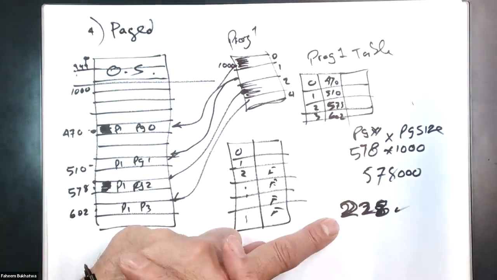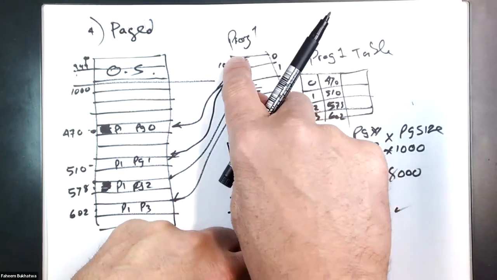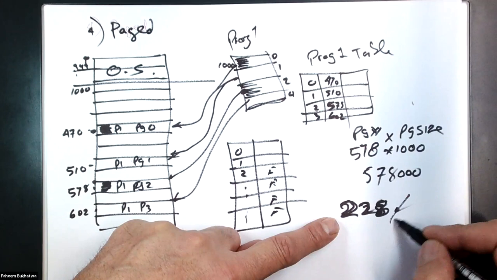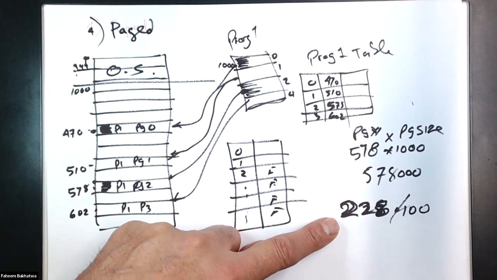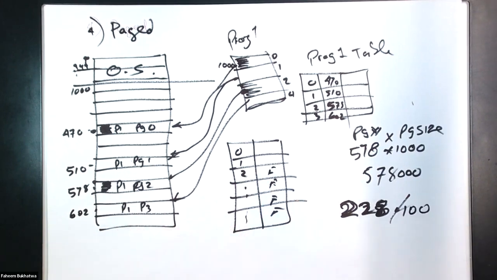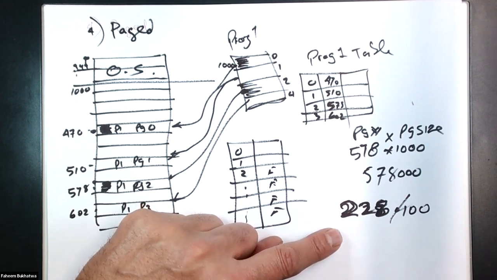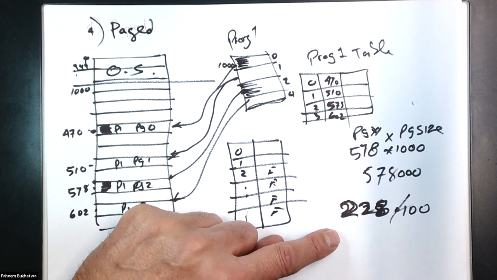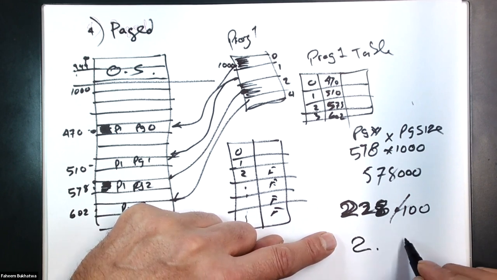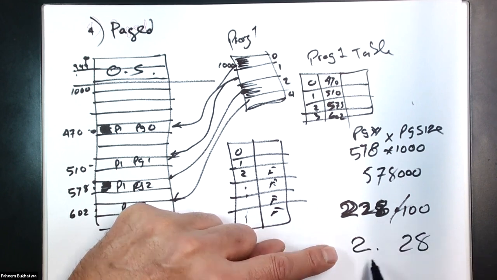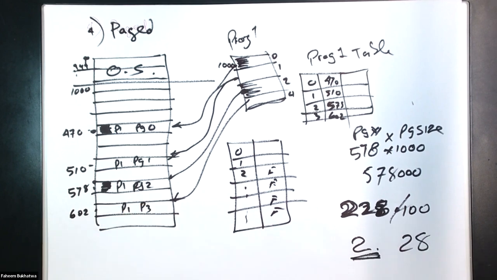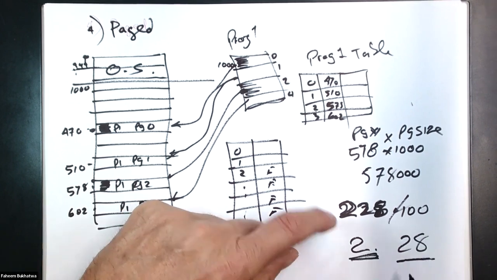Every page has 100 lines. So if you divide 228 by 100, what's the result? 2 and 0.28, right? 2 is the whole number, and 28 is a fraction.